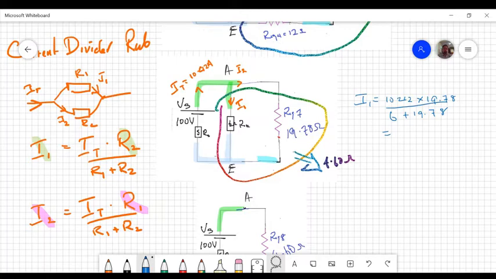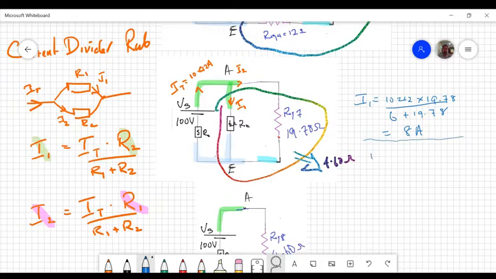I'm getting approximately 8 amps going here. 8 amps. And I can do two things. I can subtract 8 amps from 10.42, or I can apply the formula. I'm going to apply the formula just so you can see how it works.